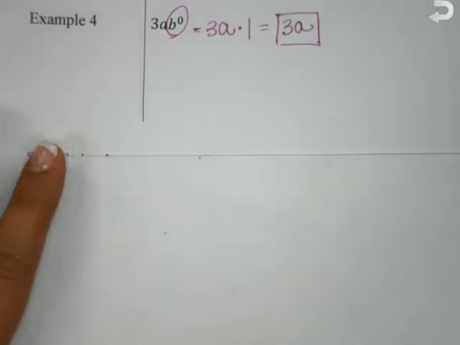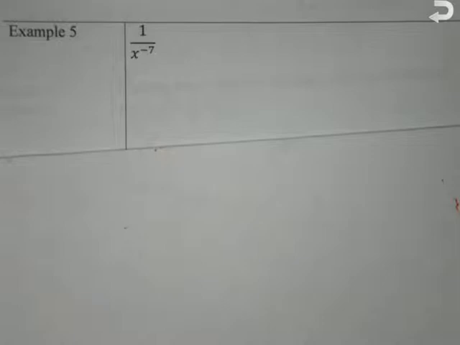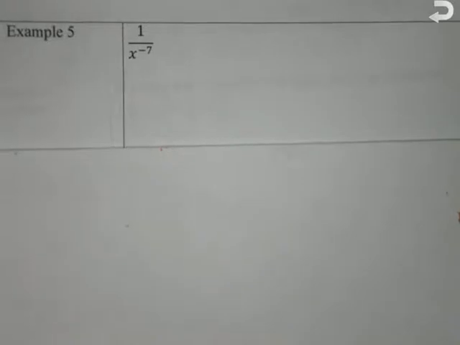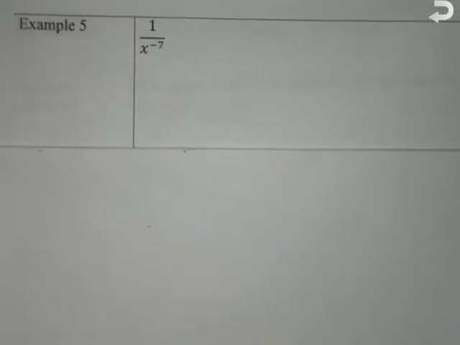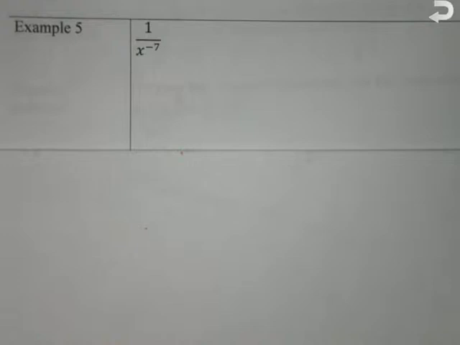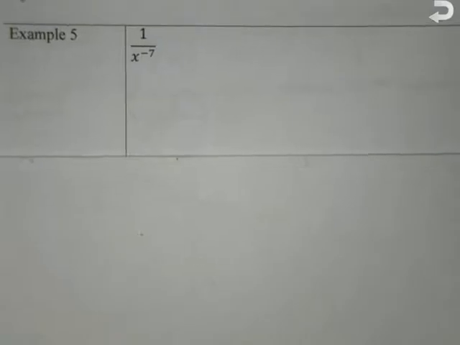Example 5. 1 over x to the negative 7. What has a negative exponent here? The x. So that x is in the wrong spot, but this time it's in the denominator, so where does it have to go?